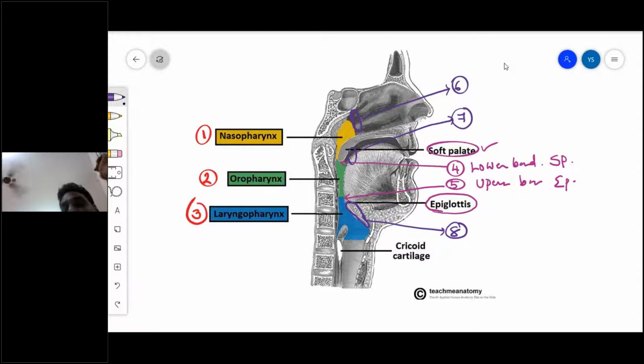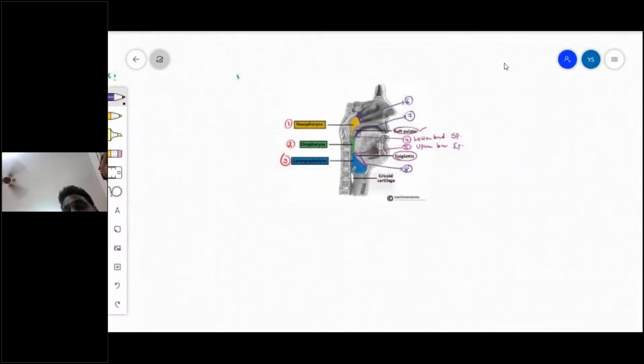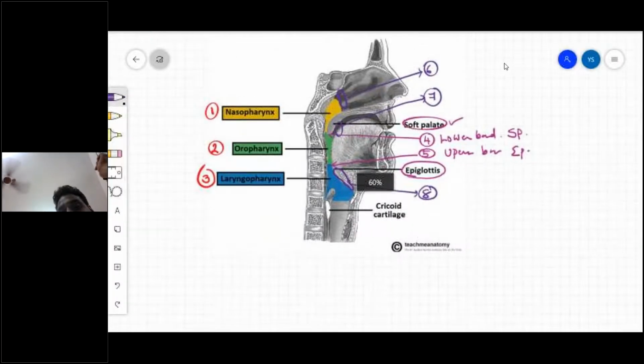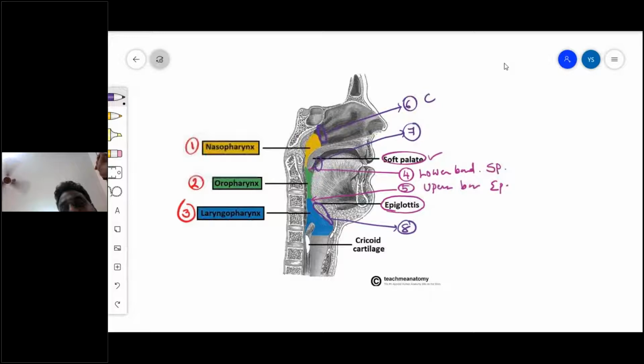Number 6 is called choanae. Number 7 is called oropharyngeal isthmus.